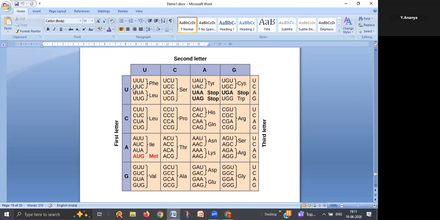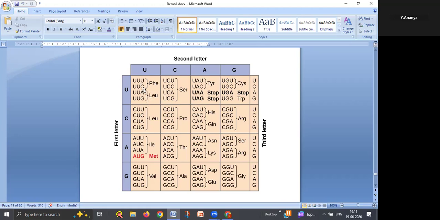For example, here you see UUU. This triplet codon codes for the amino acid phenylalanine. And one more triplet codon, UUC, also codes for the same amino acid.